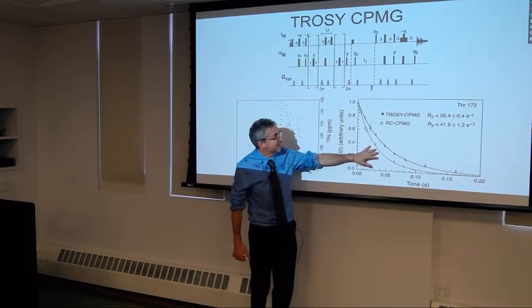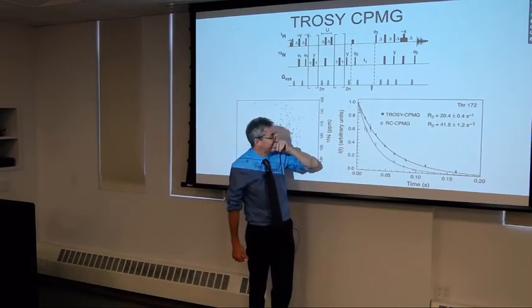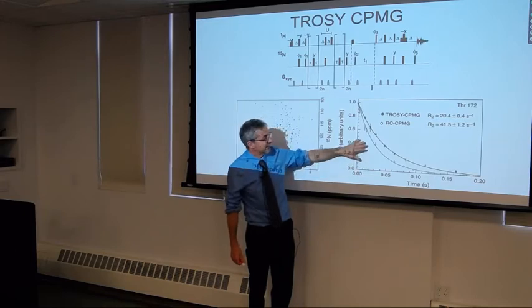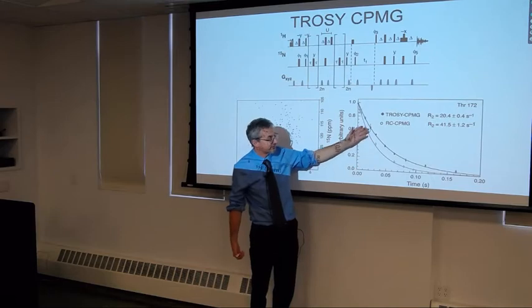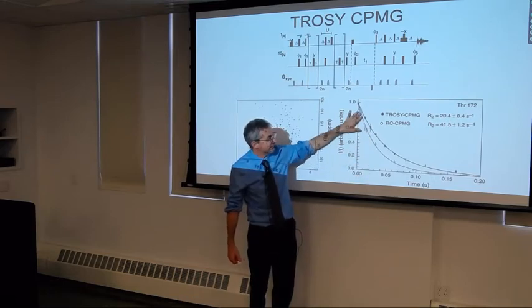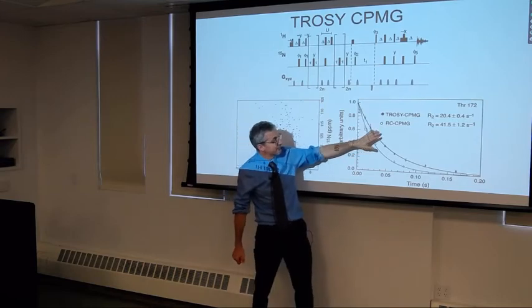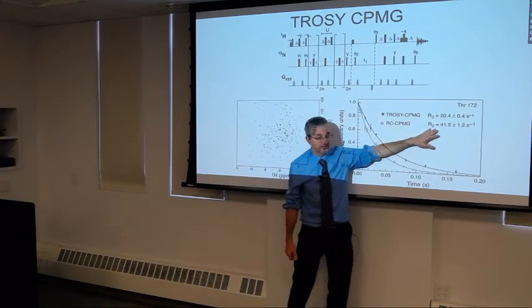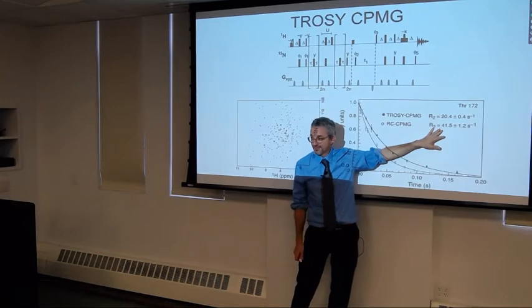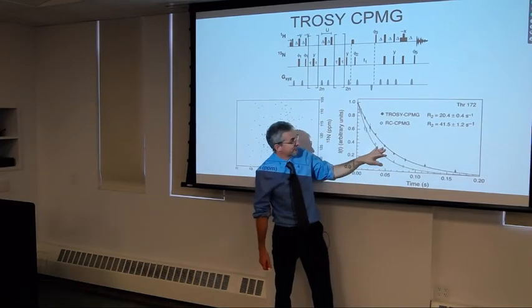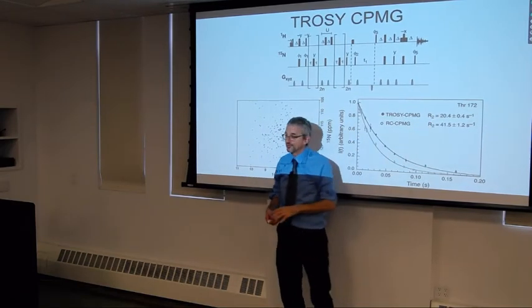Here is an example in triose phosphate isomerase, just some residue that doesn't have exchange broadening. So we're just measuring R2 in this experiment. And if we do the regular experiment, R2 is 41 per second. And now in the TROSY version, R2 drops to 20.